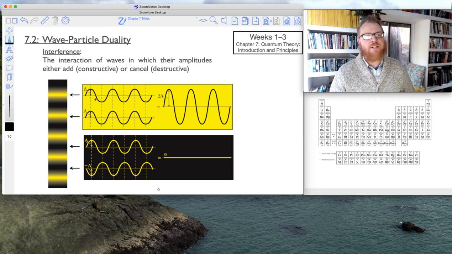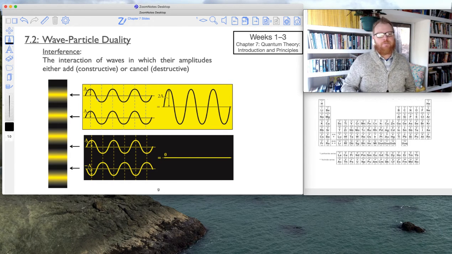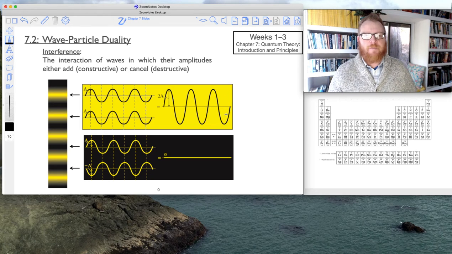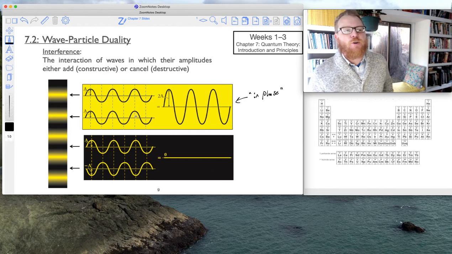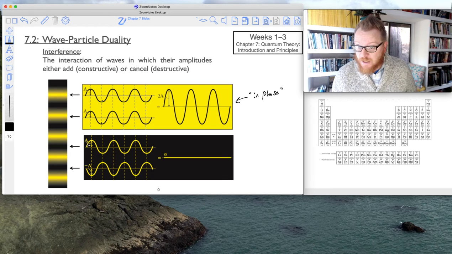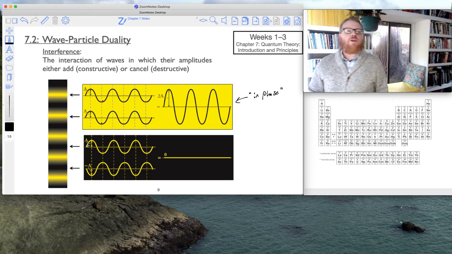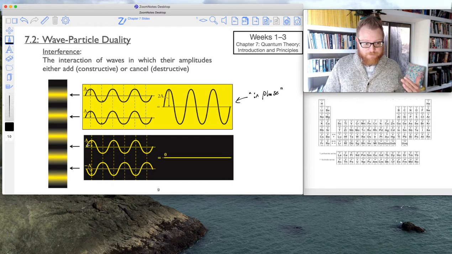If we imagine two parallel beams of light in what we would call in phase, so this yellow box right here, those two beams are in phase with each other. In other words, the peaks line up and the troughs line up.